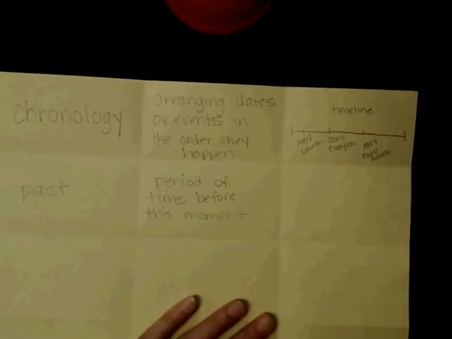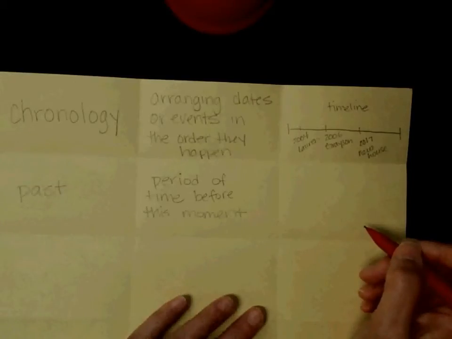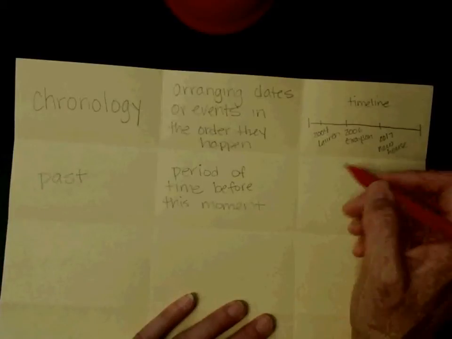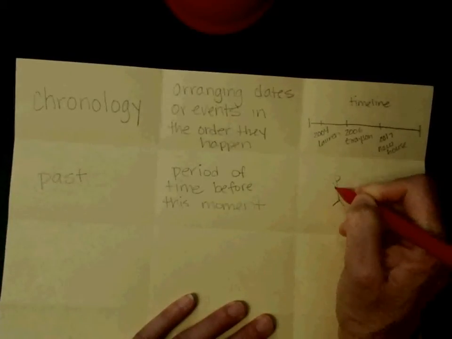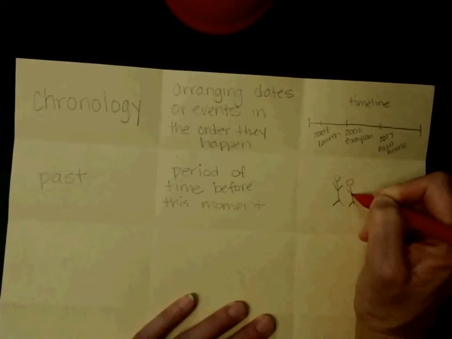And so over here, draw a little picture of something that happened in the past. Y'all know I am a terrible artist, so let me think. Oh, I know, because my anniversary is this week. So I'm going to draw me and my husband, my little stick figures.